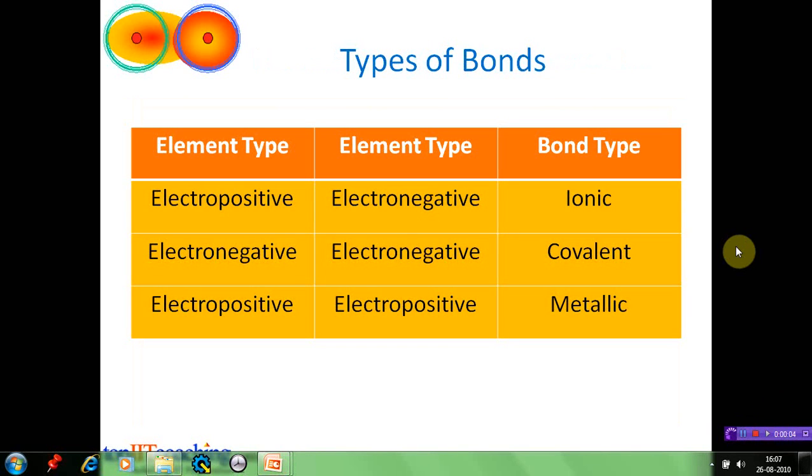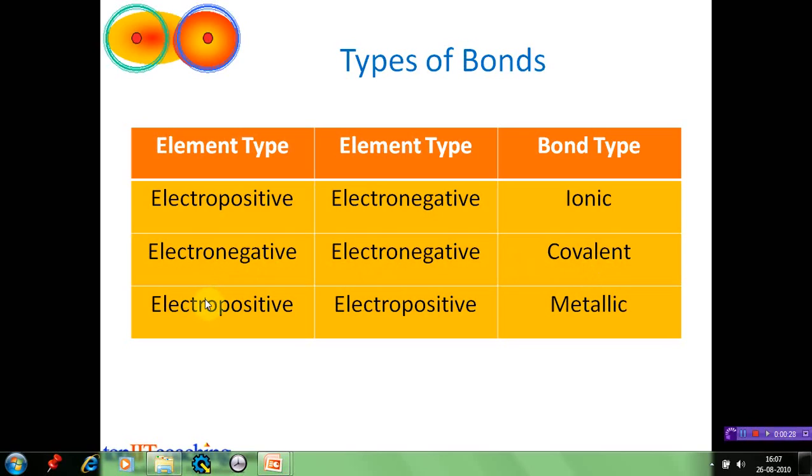This table illustrates the type of bond formed when atoms of different kinds of elements combine. For example, when an atom of electropositive element combines with an atom of electronegative element, ionic bond is formed. When an atom of electronegative element combines with another atom of electronegative element, covalent bond is formed.